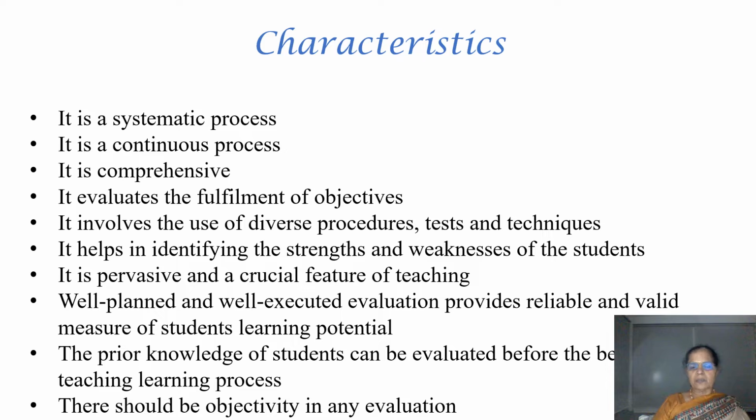But if it is of essay type or descriptive type, there are chances that the teacher's biases come into play. It will be subjective. So when there is a difference, it becomes subjective, and objective when it points to the same correct answer.